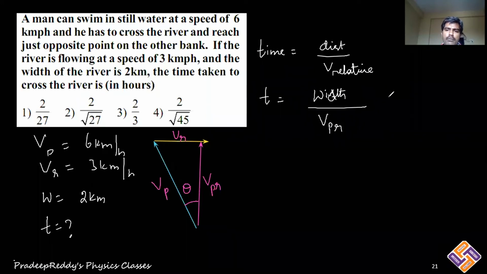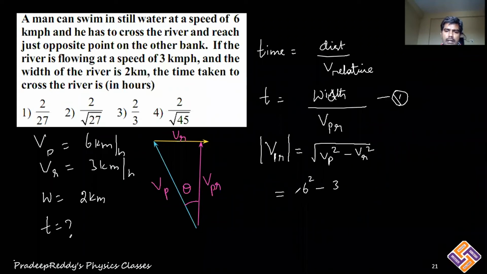I should now find out the velocity of the person with respect to river. What should I do? Simply, I'll use the Pythagoras theorem. Velocity of the person with respect to river, magnitude, is equal to under root of velocity of the person whole square minus velocity of the river whole square. Velocity of the person is 6, so 6 square minus 3 square under root.